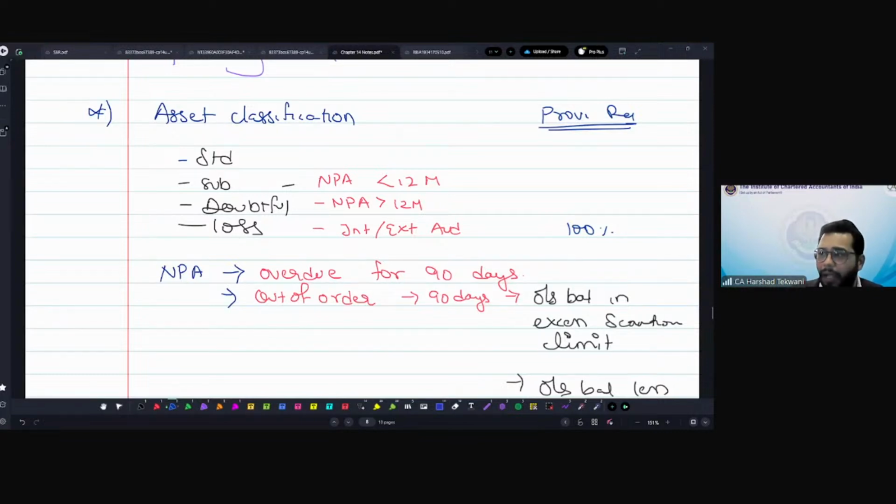But the numbers are like 25, 40, and 100. So 25% up to 1 year, 40% for more than 1 to 3 years, beyond that 100%. Instead of 20, 30, 50, here we have 25, 40, and 100. And if it is unsecured, directly 100.